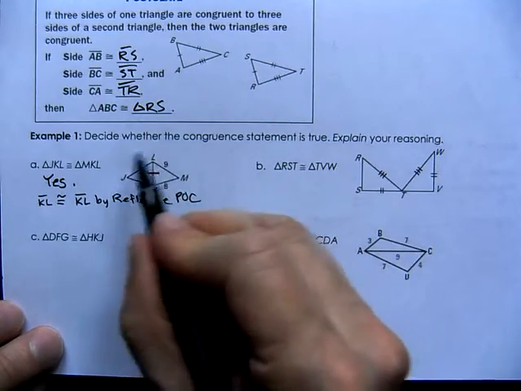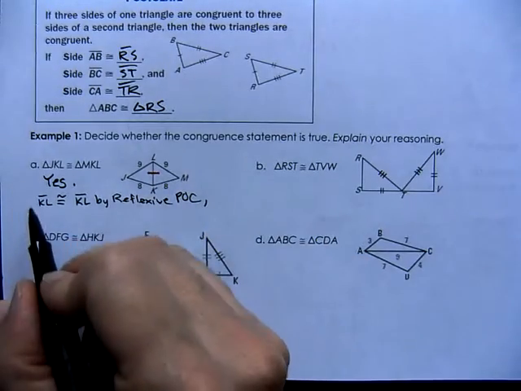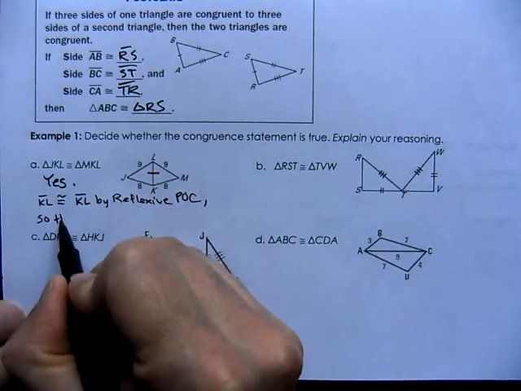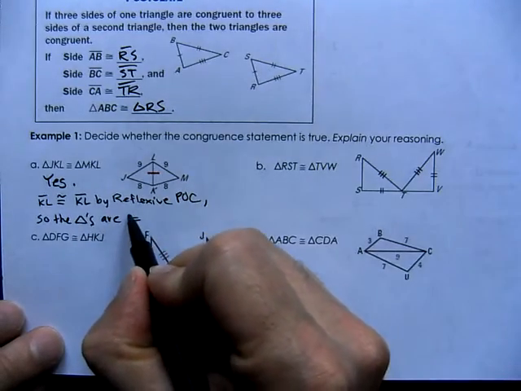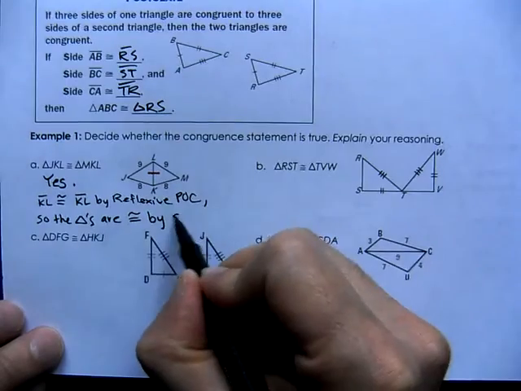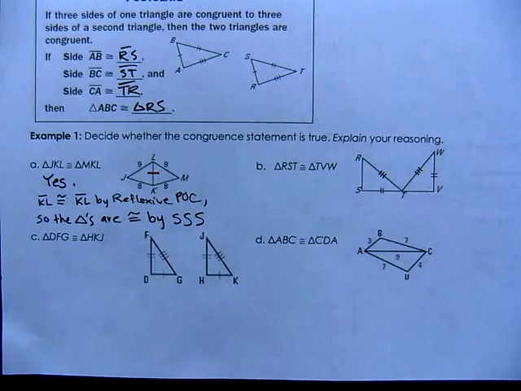That's how we know all 3 of them. All 3 pairs of sides are congruent. So we would say the triangles are congruent by reason of side, side, side, SSS, which represents that side, side, side congruence postulate.